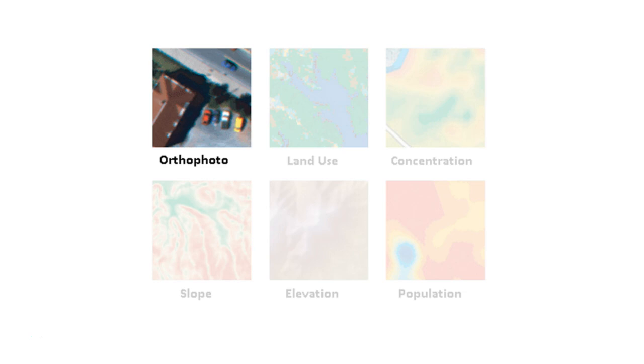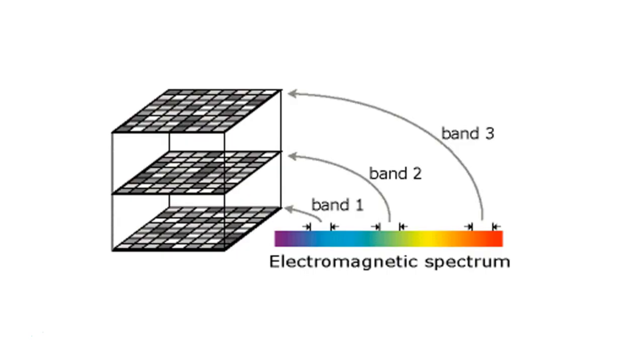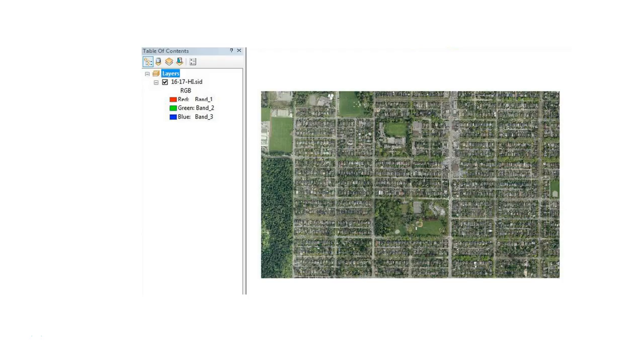In the orthophoto, what we're doing is stringing together 3 different bands of cell values, and these are being collected across what we call the electromagnetic spectrum. In band 1 we might have reds, band 2 we might have blues, and band 3 we might have greens. Oftentimes this is what it will look like in a GIS. If you drop in a raster and you see under the raster name a band 1, a band 2, and a band 3, represented by red, green, and blue, you have a multi-band raster on your hands.